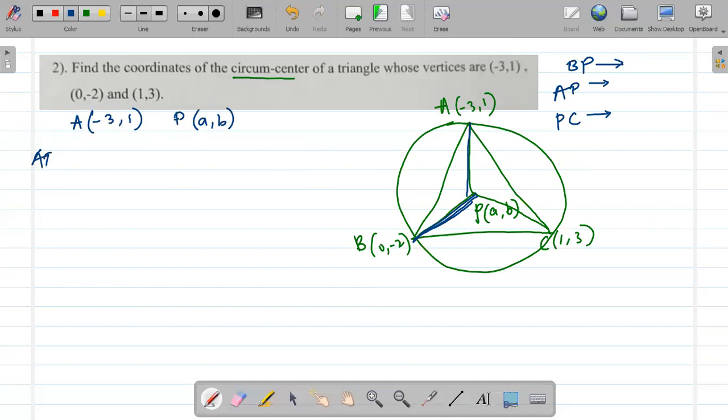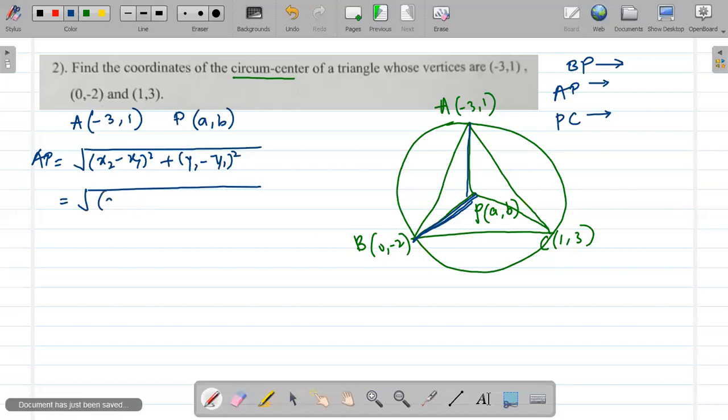So AP equals root of (x2 minus x1) the whole squared plus (y2 minus y1) the whole squared, right? That equals root of (a plus 3) the whole squared plus (b minus 1) the whole squared. We just have to solve it out systematically, or maybe we can keep it like this.